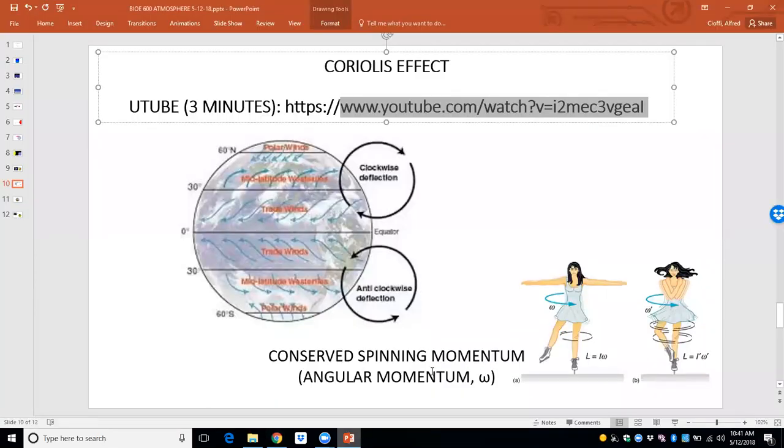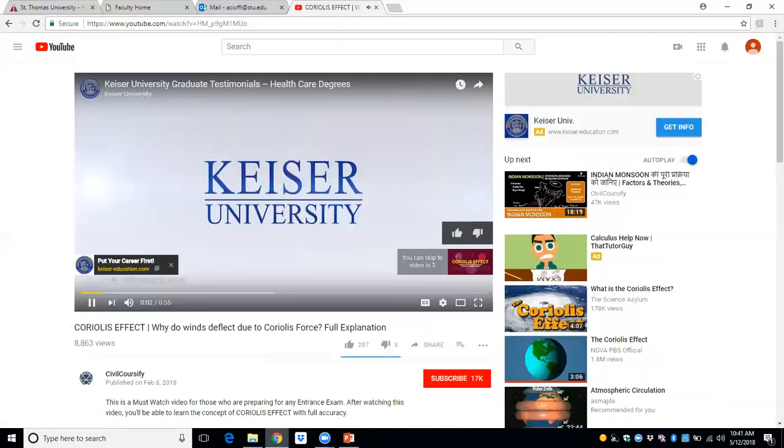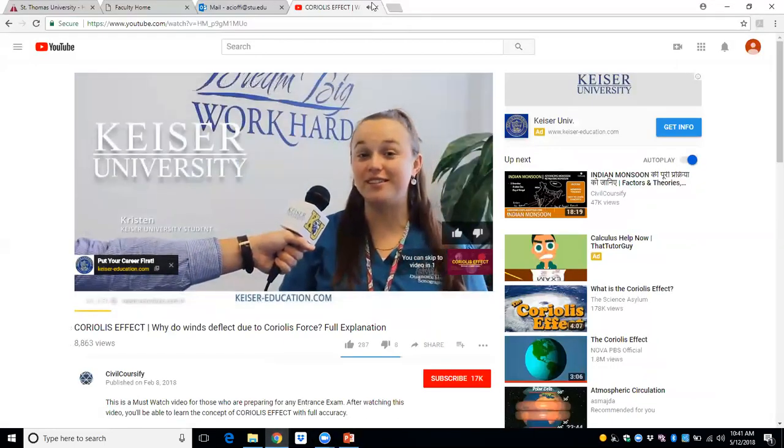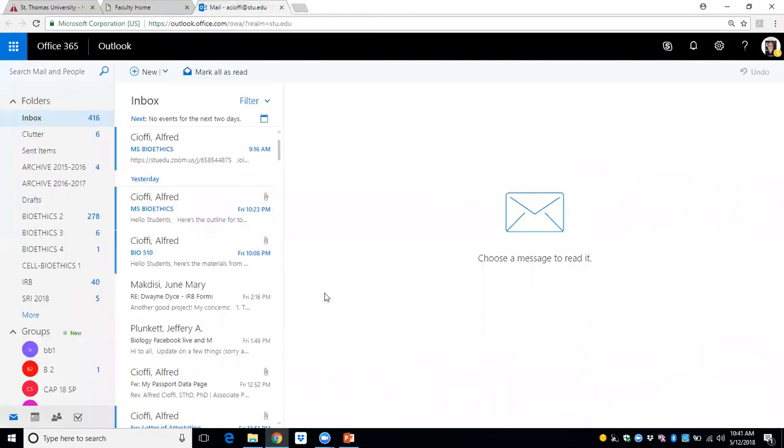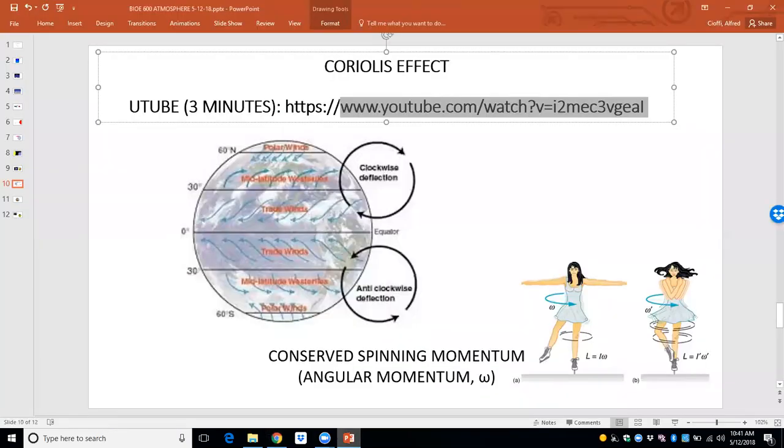So it's all about this Coriolis effect. Right? So now you know why hurricanes spin counterclockwise in the northern hemisphere and clockwise in the southern hemisphere.